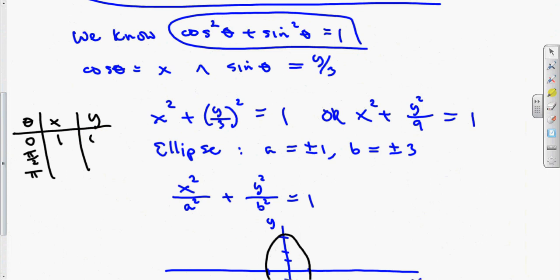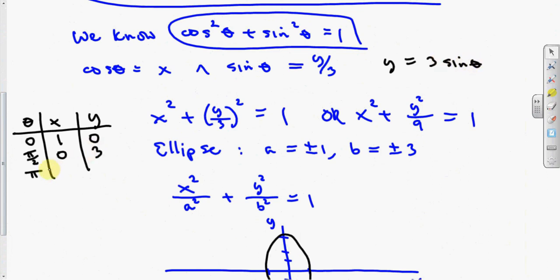So that's just 0. If I use pi over 2, cosine of pi over 2 is 0. Here, sine of pi over 2 is 1, and we get y is equal to 3 times sine theta. So if theta is pi over 2, sine of pi over 2 is 1 times 3, we get 3.